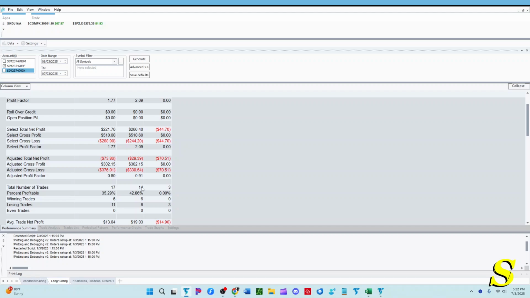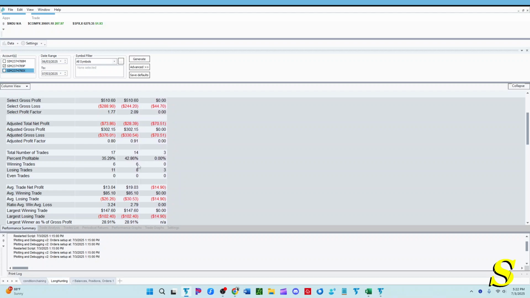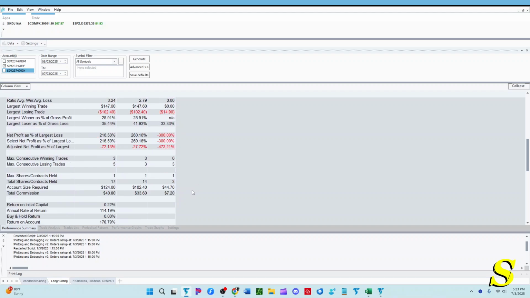So instead of 14 in total on the long side, it should have been 20, and that should have given us another 6 winning. So that should have put us at 12 to 8, which would be over 50% profitable.